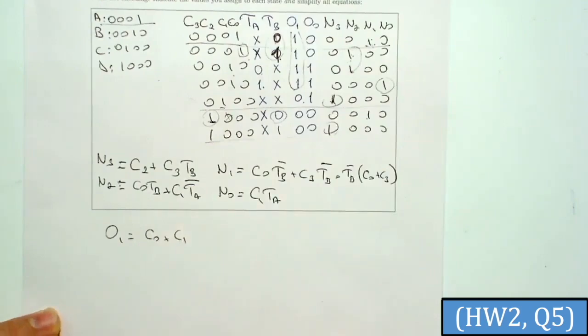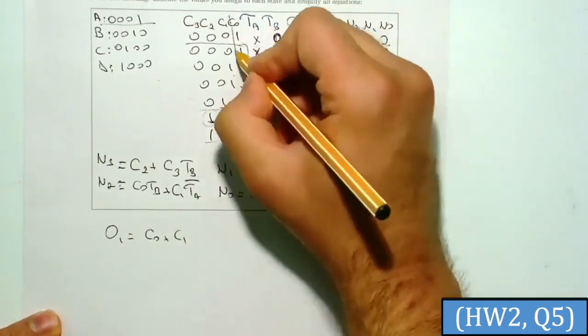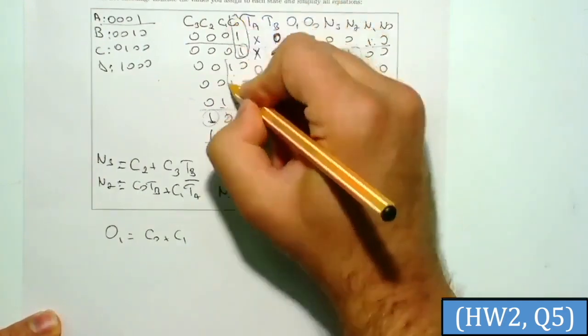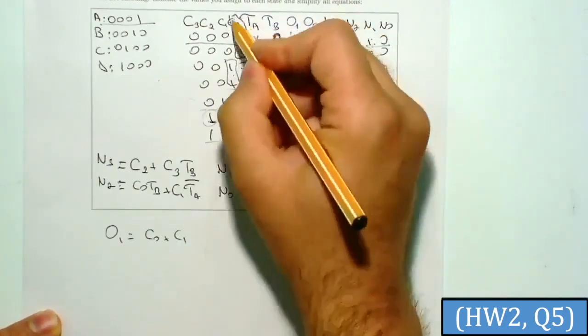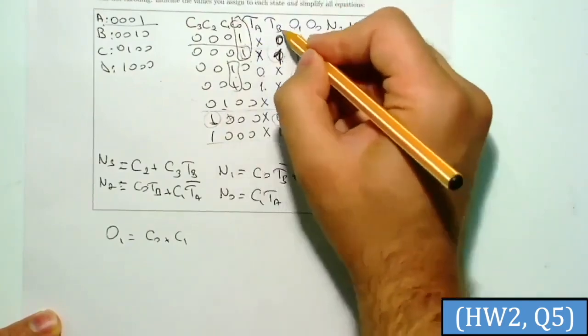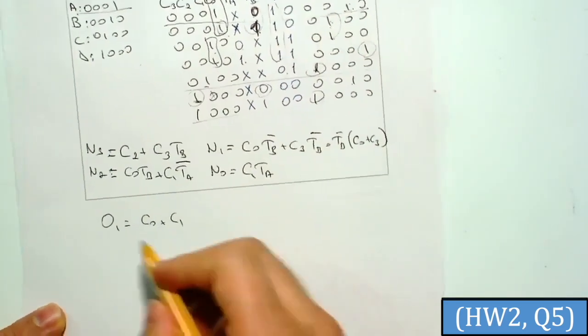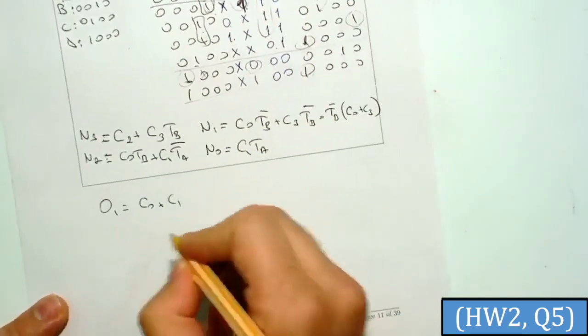Can you see that? So O1 is 1 when either C0 is 1 or C1 is 1, right? For the C0 rows, the TA doesn't matter, and TB also doesn't change the result. It's the same as well for the TA. So I only have C0 and C1.